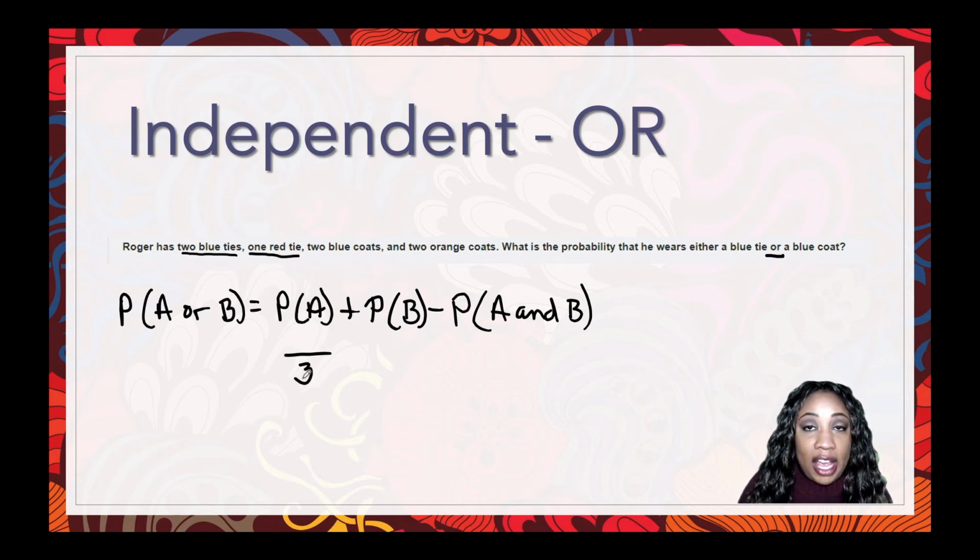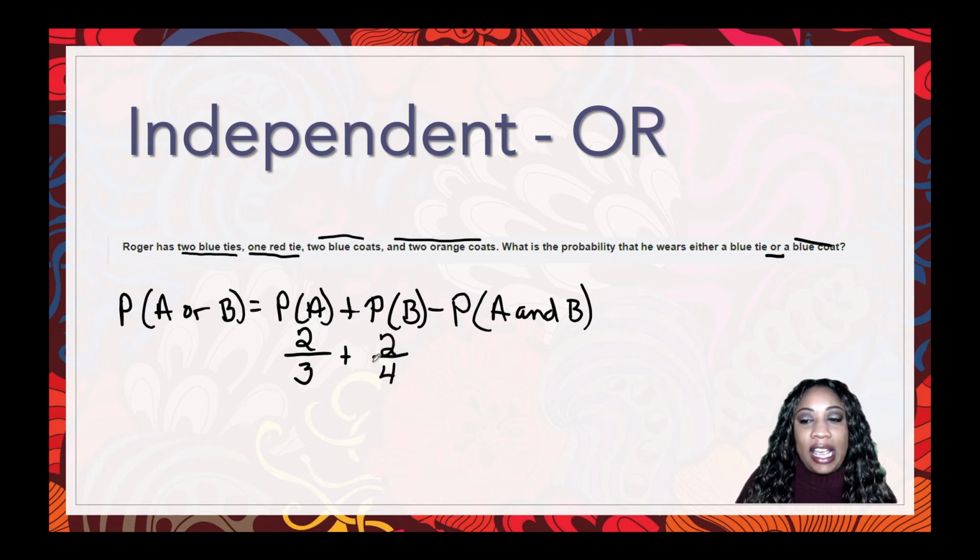So we have a total of 3 ties and 2 are blue. And then the probability of B is that he has a blue coat. So he has 2 blue coats and 2 orange coats. So he has a total of 4 coats and 2 are blue.